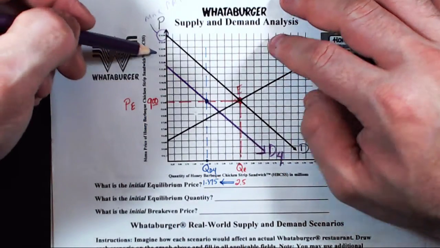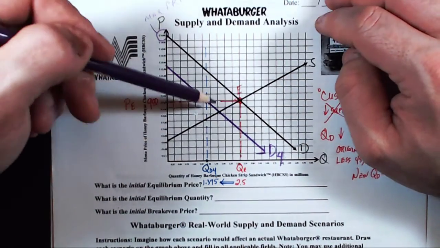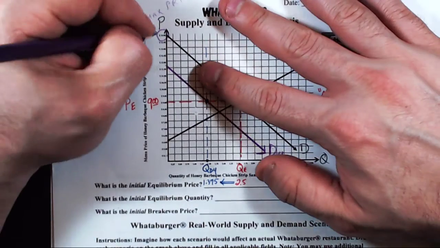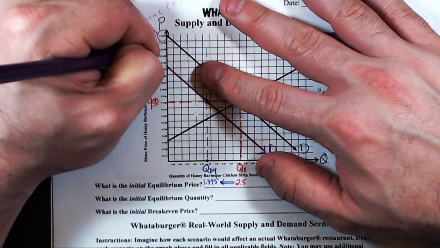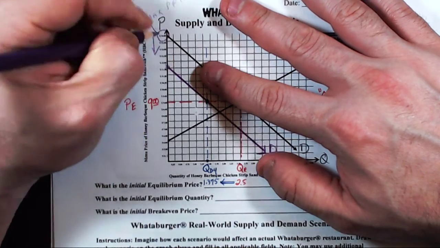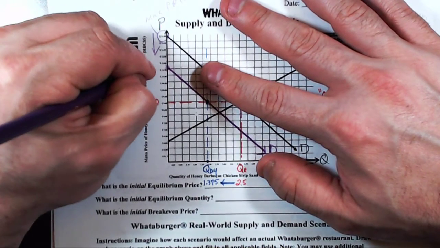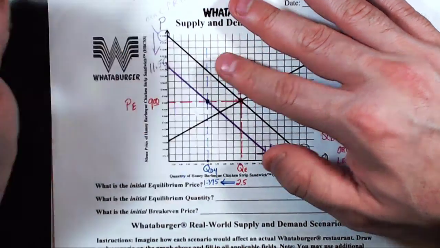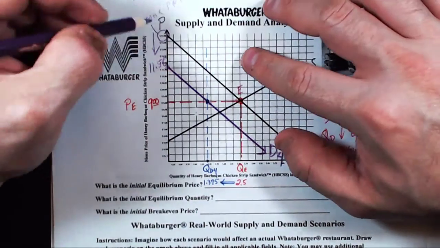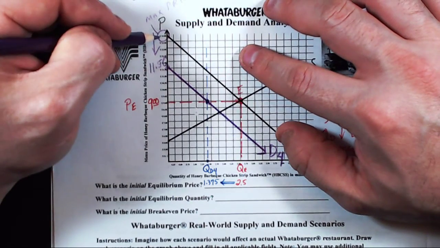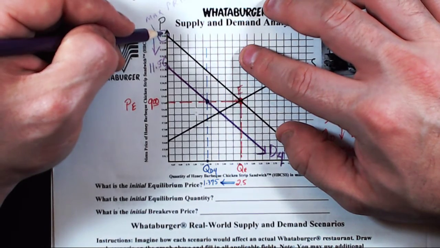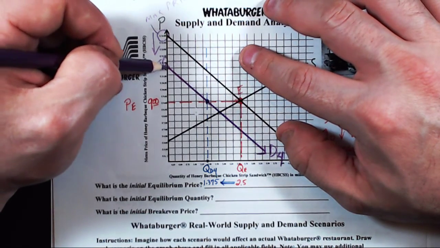But now, because of the foodborne pathogen or the food virus, the max price went down. It went down to this point right here. So the new max price is $11.50. So I didn't ask you for this, but the max price decreased from $14 to $11.50 per sandwich.